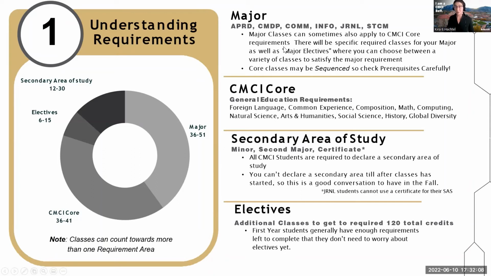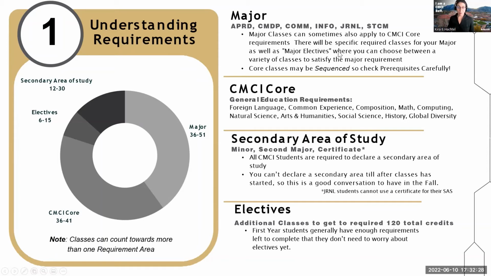CMDP, which is our media production major. COMM, which is communications. Info, which is our info science major. Journalism, and, whoops, I put StratCom on here twice, but not media studies, MDST.